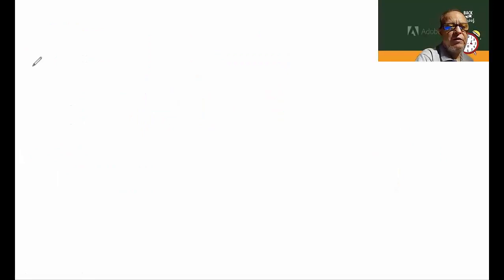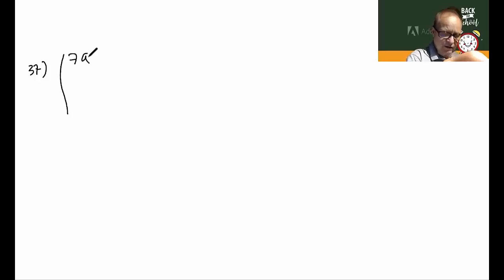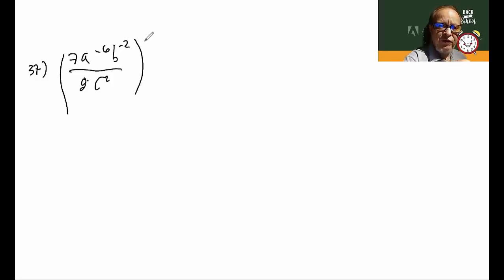In example number 37, we have 7a to the negative 6, b to the negative 2, all divided by 8c squared, and the whole thing is to the negative 2 power.